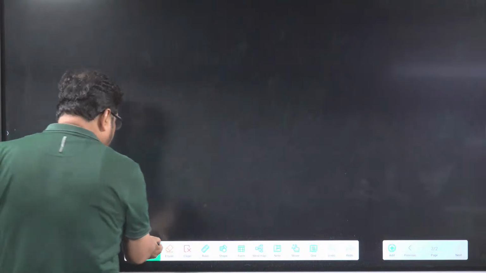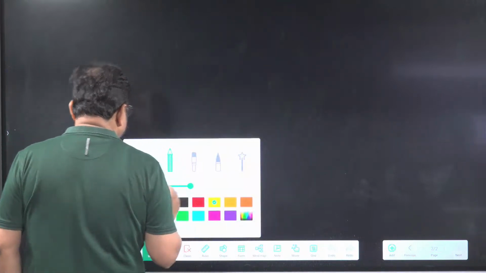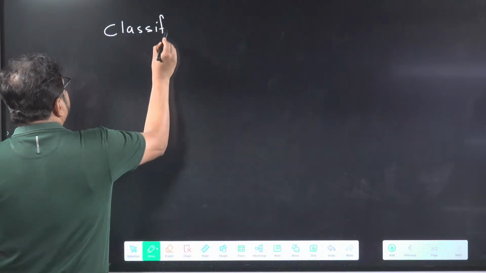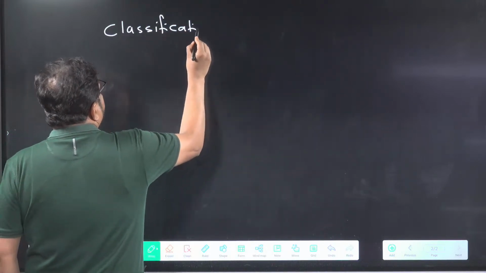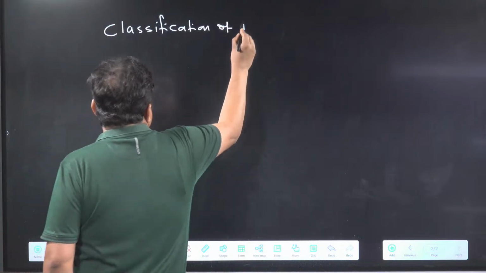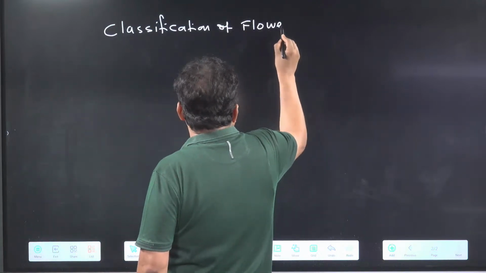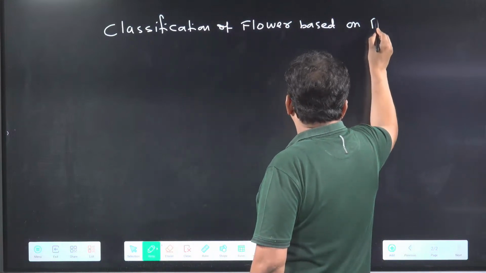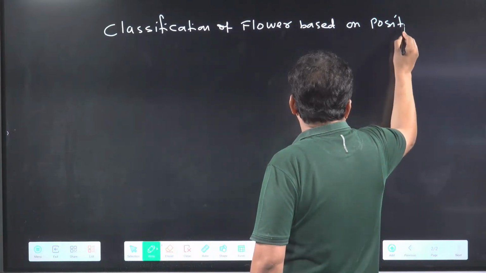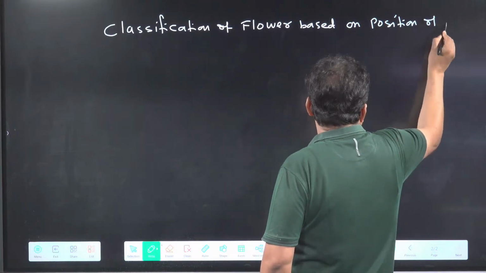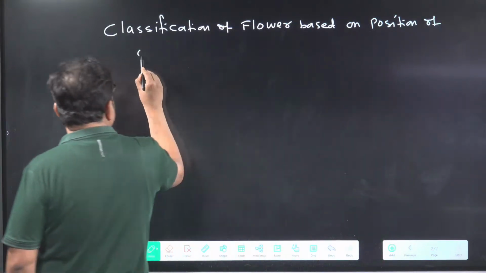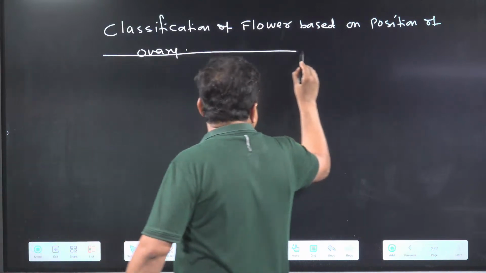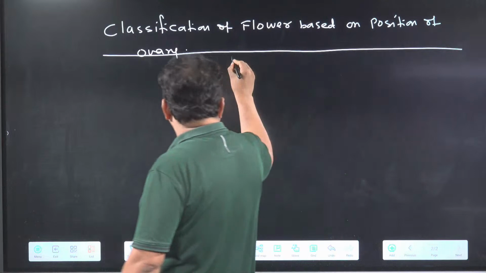Now we are going to talk about the classification of flower based on position of ovary. And we classify the flower into three categories.